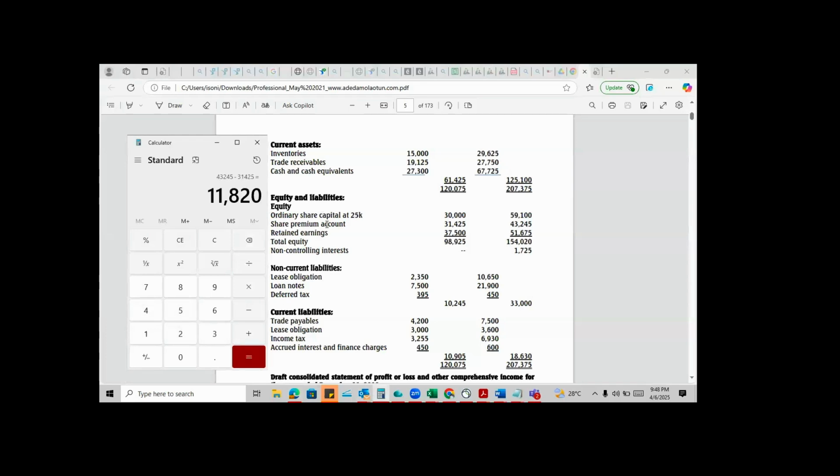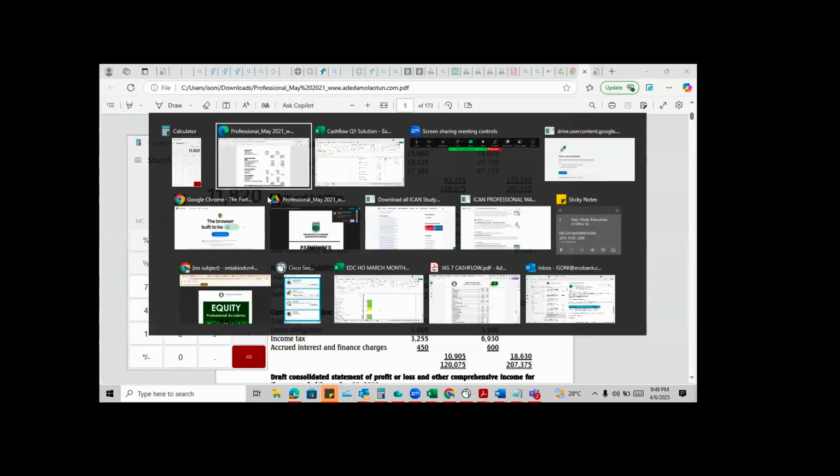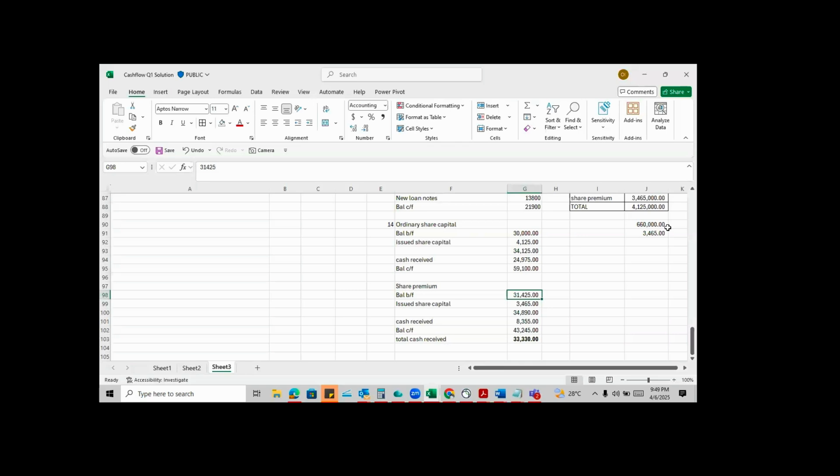All right. Okay. We had a movement of 11,820 there. Obviously, all of that is not accruing to the movement we had calculated here for share premium.